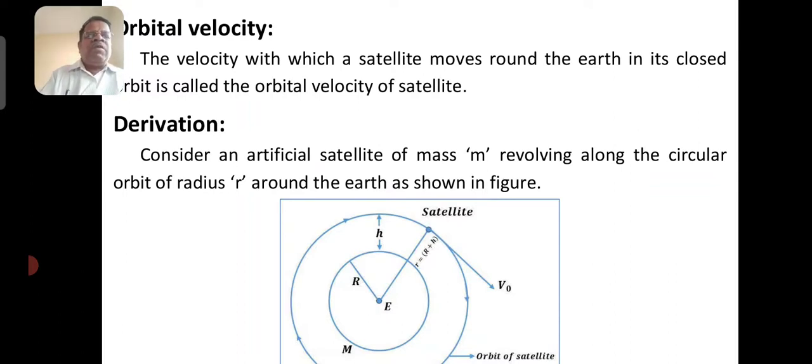The orbital velocity is tangential to the orbit. Consider an artificial satellite of mass m revolving along the circular orbit of radius r around the Earth as shown in figure.